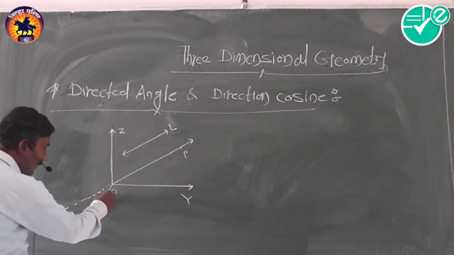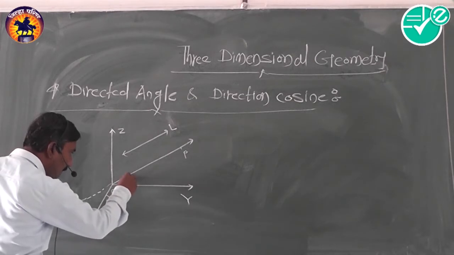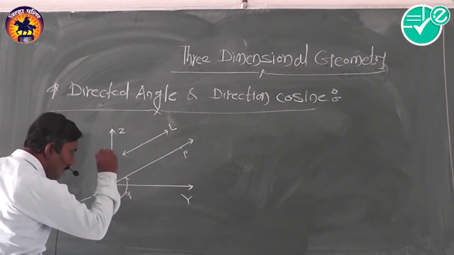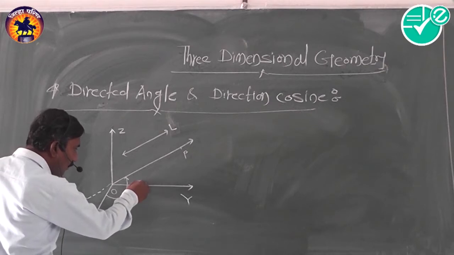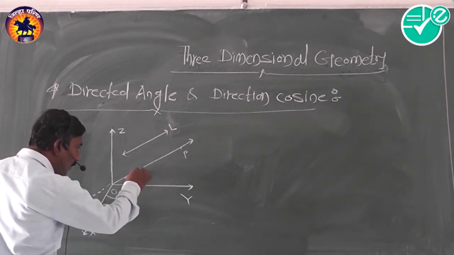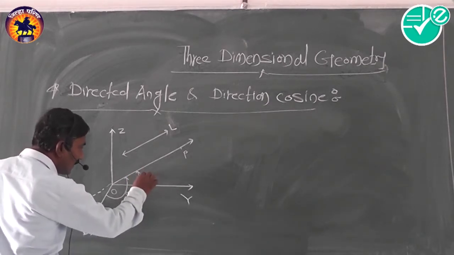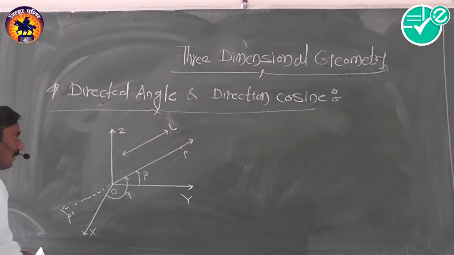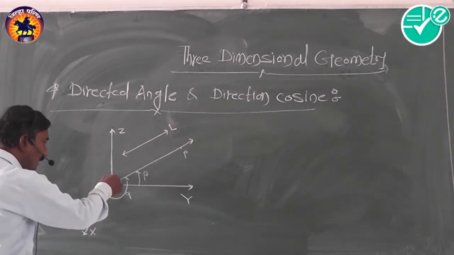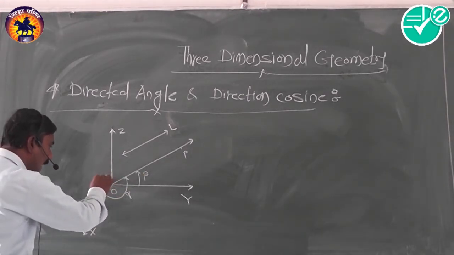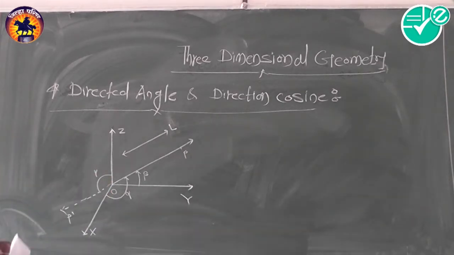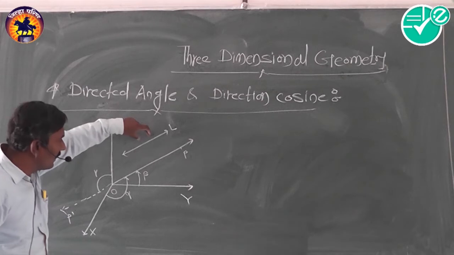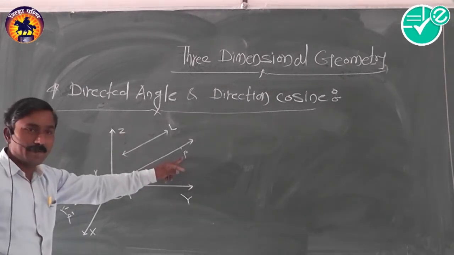First, the angle with the x axis is alpha. Next, the y axis creates angle beta, and the OP line creates angle gamma with the z axis. And that L line is parallel to that OP line.